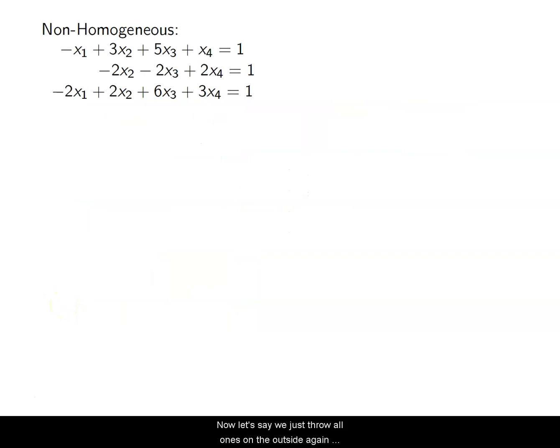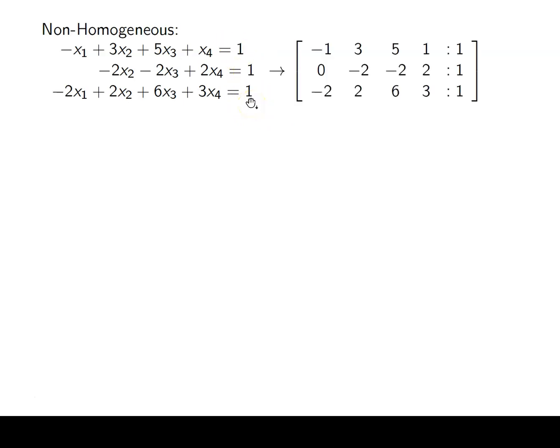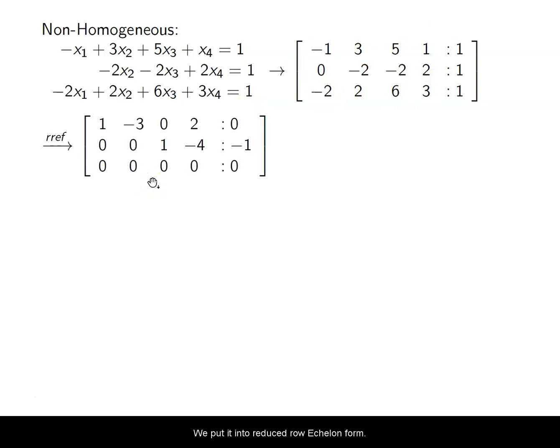Now let's say we just throw all 1s on the outside. Again, it can be pretty much any value here. We make our augmented matrix and put it into reduced row echelon form. And if you notice, I have the exact same free variables, because the elementary row operations to get from here to here are the same.